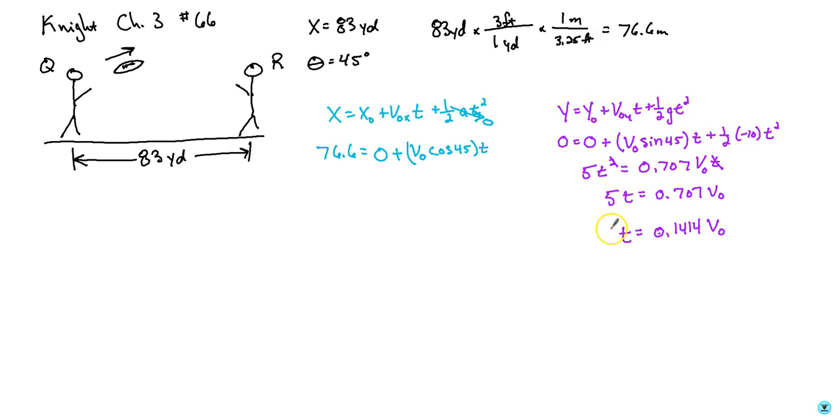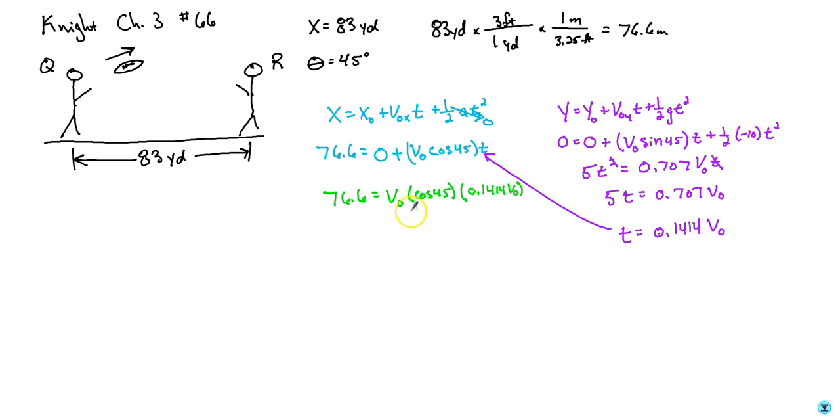Now we can plug that in for t in the x equation. So we're left with 76.6 equals v sub o times cosine of 45 times 0.1414 v sub o.